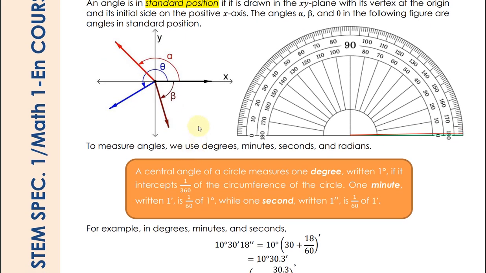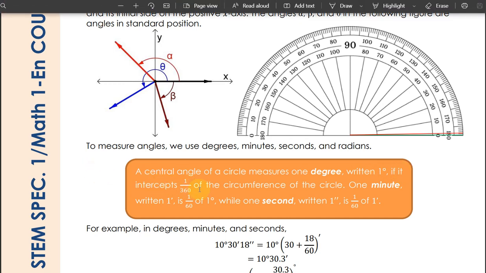To measure angles, we are going to use degrees, minutes, seconds, and radians. A central angle of a circle measures 1 degree, written as 1 with the degree sign, if it intercepts 1 over 360 of the circumference of a circle.